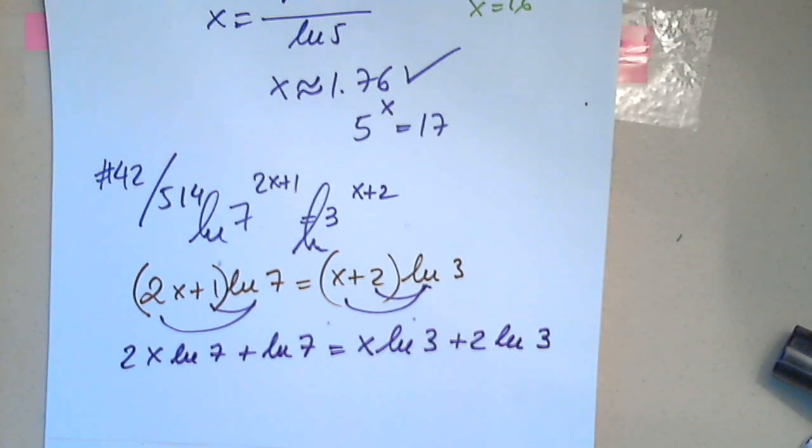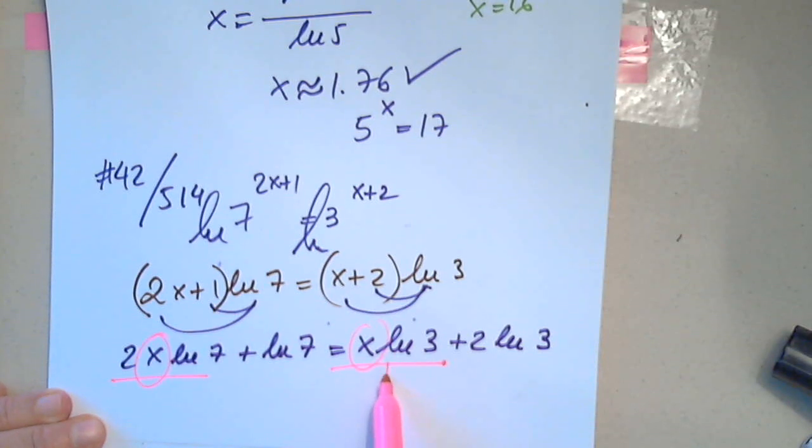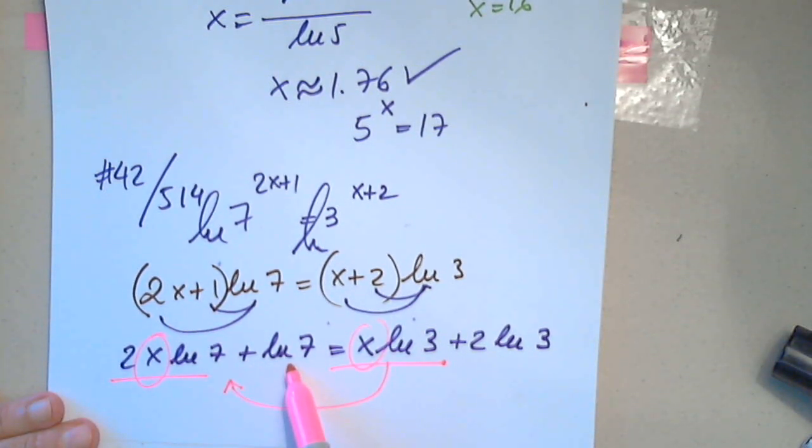I know that I am after this because those two terms contain x. So therefore, both terms with x have to be on one side, and the terms without x have to be on the other. I have to separate them because now this is a linear equation that I need to solve.